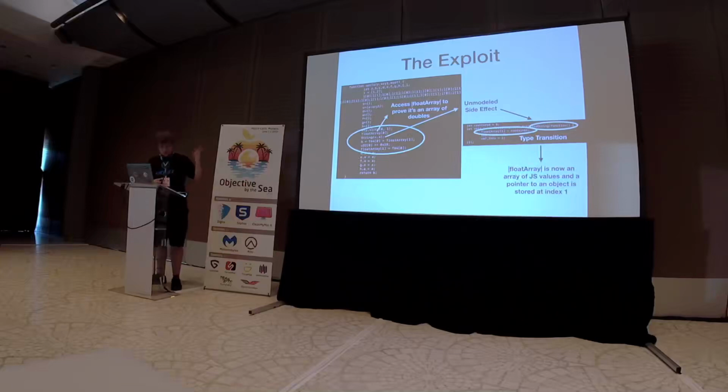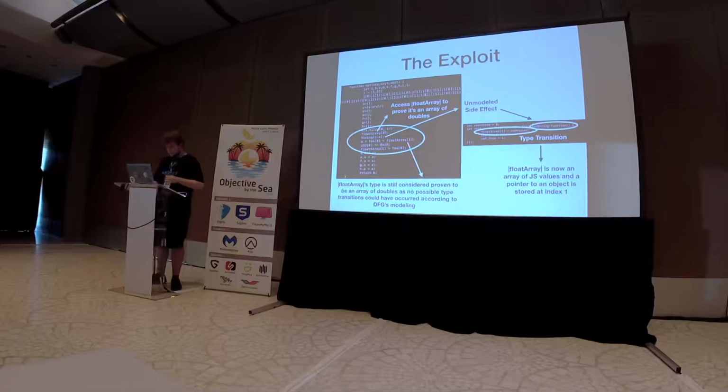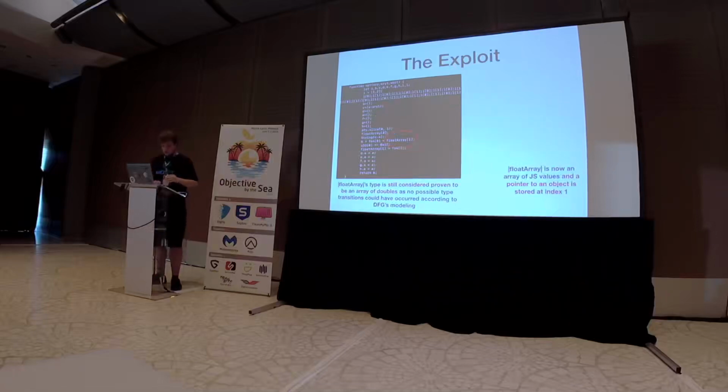And in DFG, this is still assumed to be a double array because no possible type transition could have happened there according to DFG. And do note that we stored at index 1 a pointer to an object, and we access it considering it to be a double.